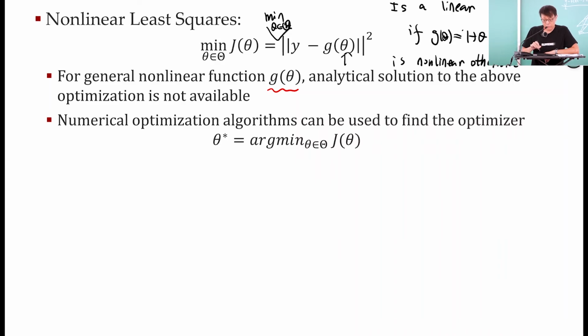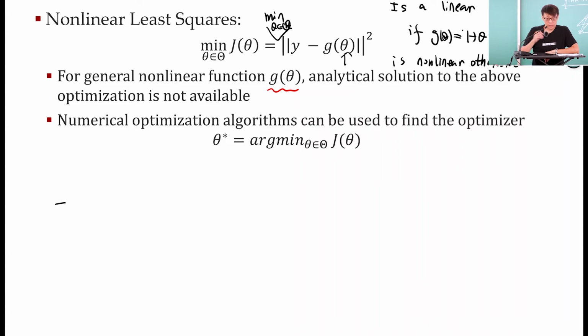So I just need an optimization algorithm to solve for this. The same principle applies. Instead of having an analytical solution, you may have to use numerical packages to solve it. In MATLAB you have fmincon, but in Python, we switched to Python this semester, there are also other optimizer functions.